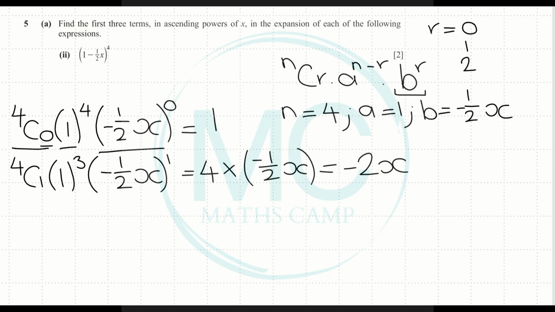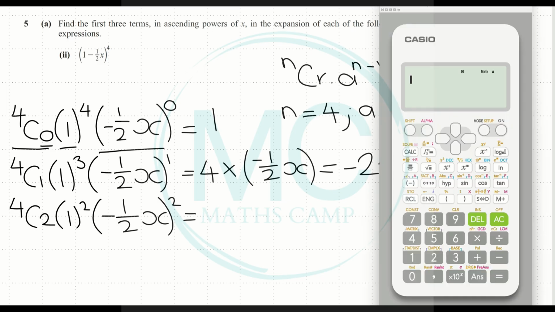Now we can find our third term. 4c2 multiplied by 1 squared multiplied by negative 1 over 2x, close the bracket, squared. 1 squared is 1. So let's take our calculator so we can find NCR. We say 4c2 is equal to 6.